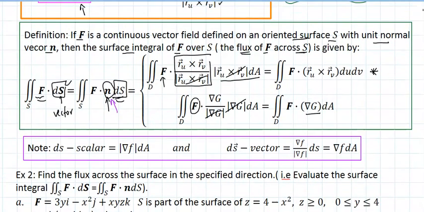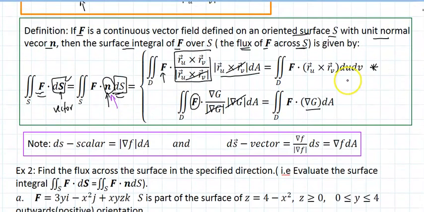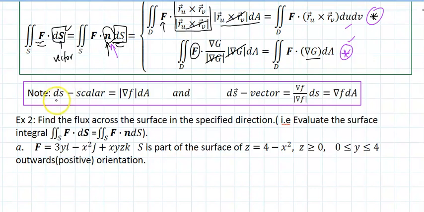So, bottom line, that's what it takes. And to us, it's either one of those two formulas. And on a few problems, I'll do both, just to show you how this works. So keep in mind, our general dS is simply the magnitude times dA. dS oriented, that dS right there, that is a vector.